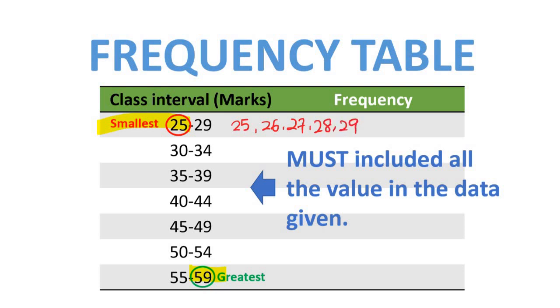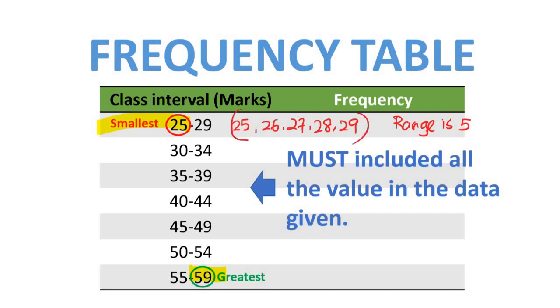You see, 5 numbers. This means the range is 5, because each class interval contains 5 numbers.